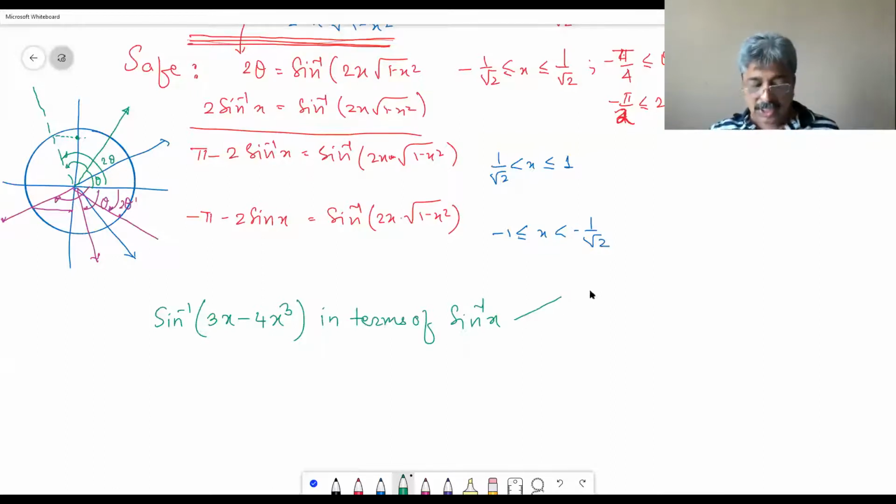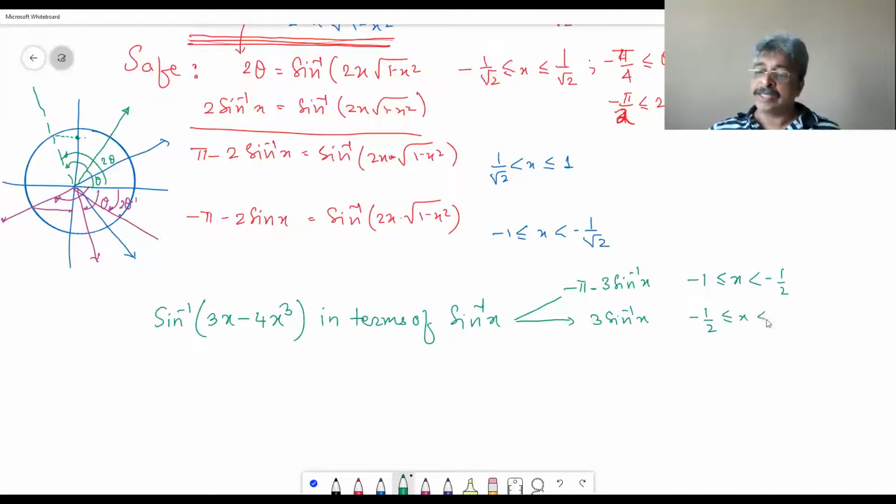First case: the answer is minus pi minus 3 sine inverse x, and the condition is minus 1 less than or equal to x, strictly less than minus half. The second case is the safe case, 3 sine inverse x, when x is between minus half and plus half, inclusive.